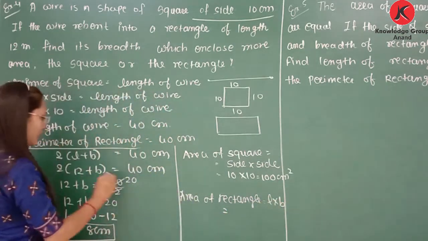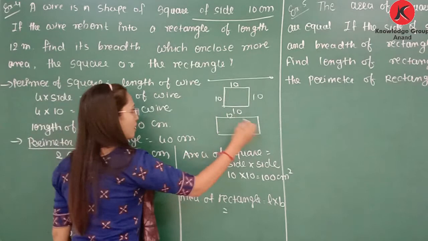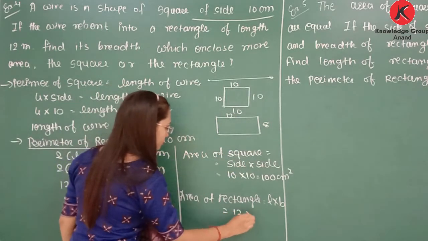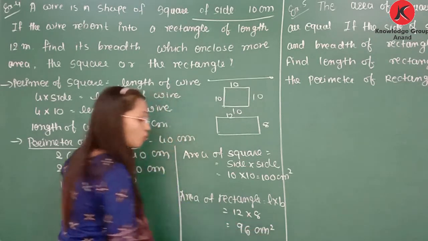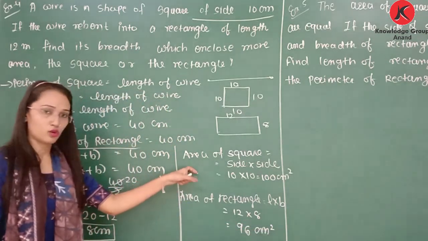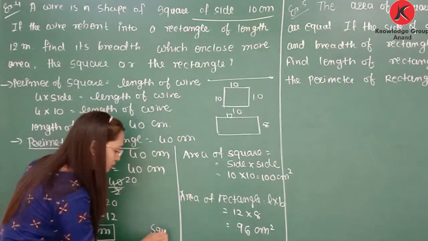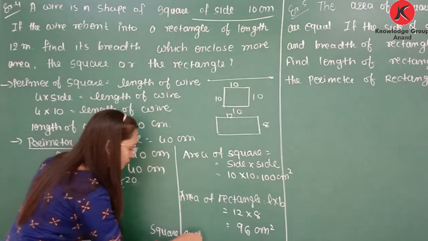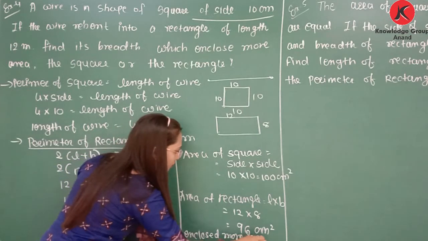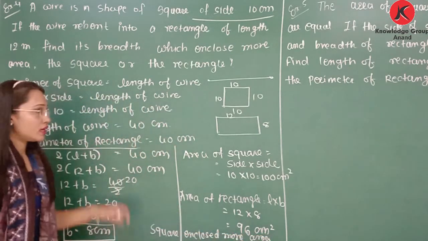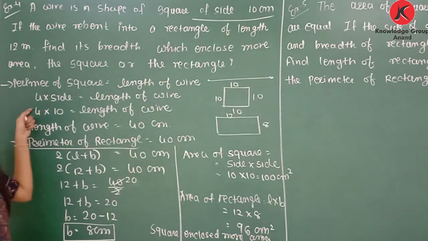Here we found that length is 12 and breadth is 8, so that is 96 centimeters square. Which encloses more area? The square encloses more area. So we can write, square encloses more area.